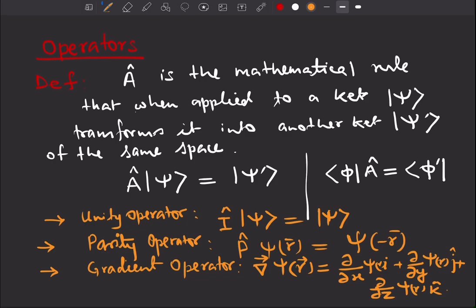And the next operator is the linear momentum operator.